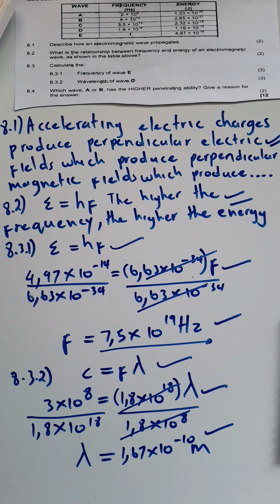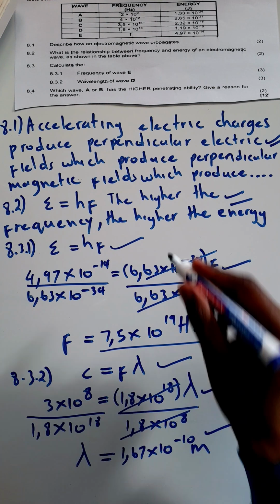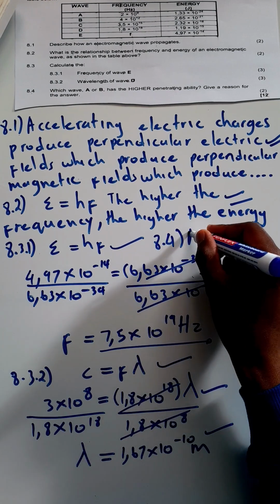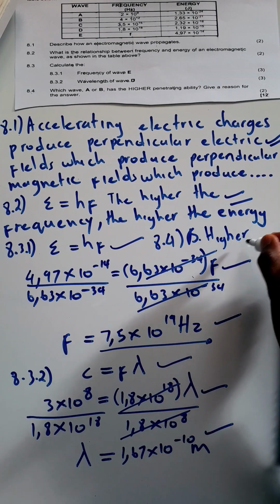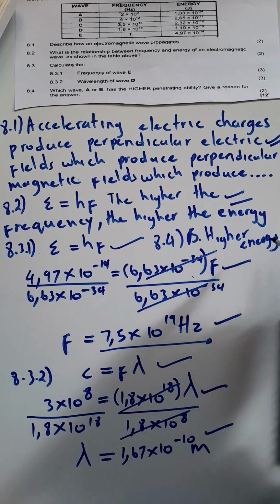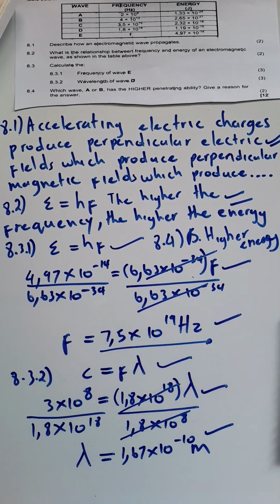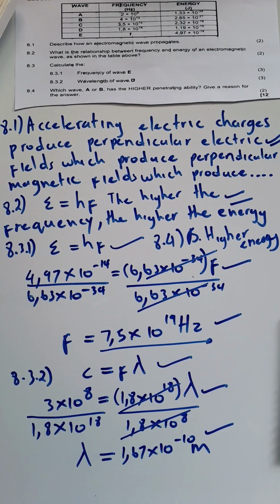Electromagnetic waves have higher penetrating ability if they have a higher energy. So the higher the energy, the higher the penetrating ability. You can say gamma rays have the highest penetrating ability compared to ultraviolet rays, for example, because gamma rays have the highest energy.